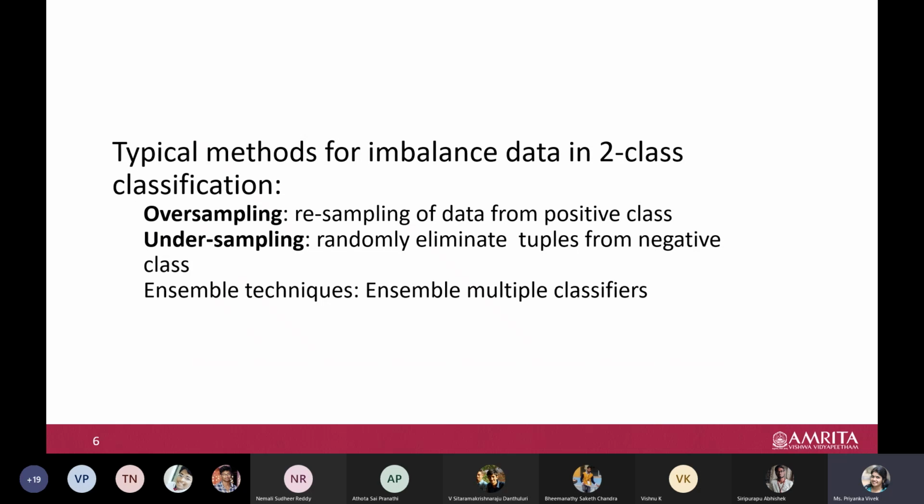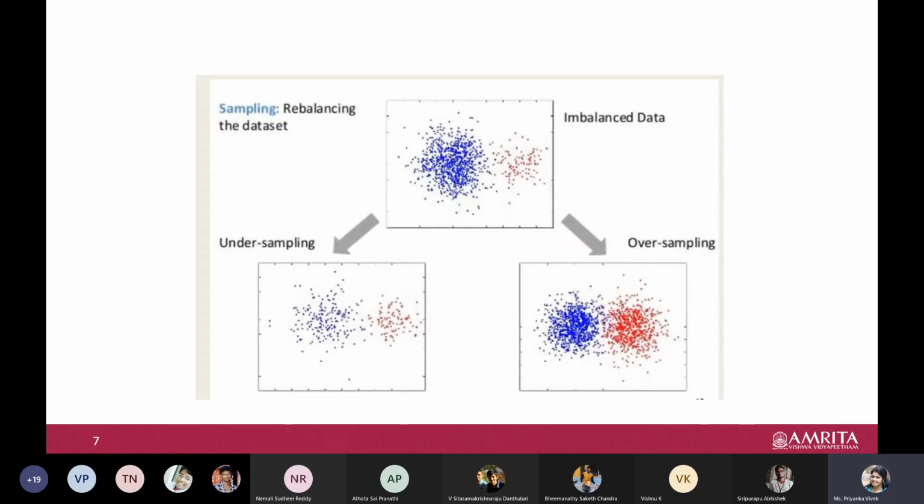For oversampling, a basic approach could be just duplicating some more data, but that is a very naive approach. There are certain algorithms, like something called SMOTE, which is actually synthetically generating some samples. Okay, so let us see what it is. We are not talking about the algorithm, but we'll just mention what it is.